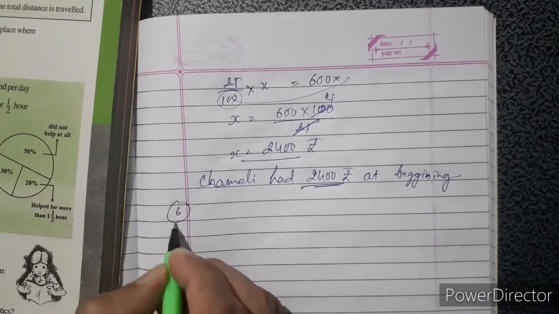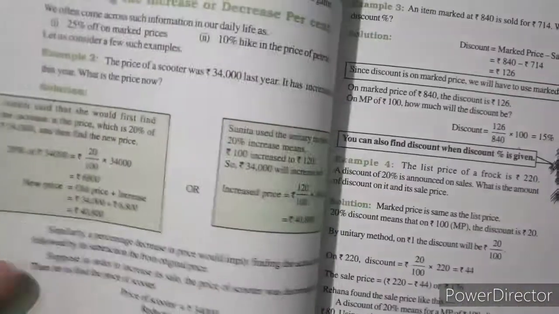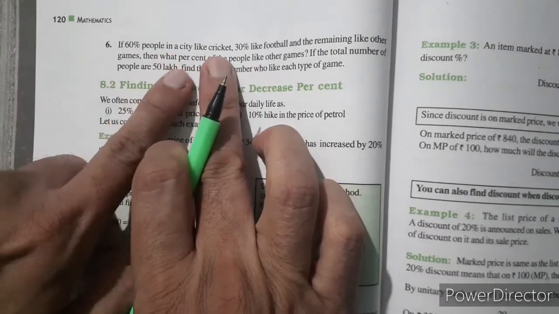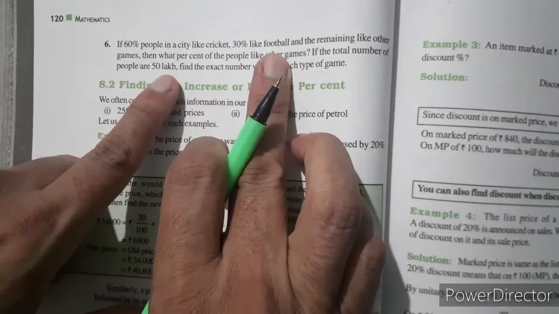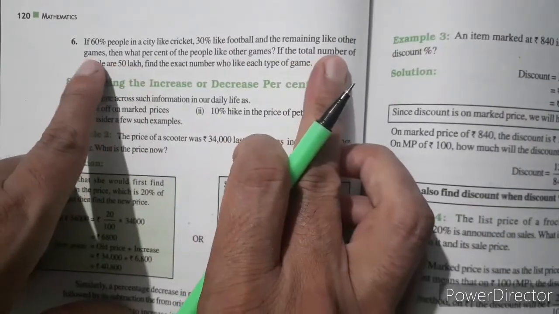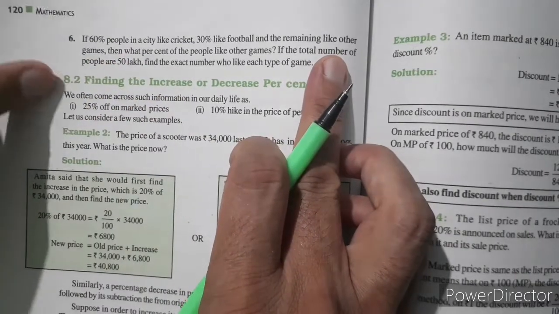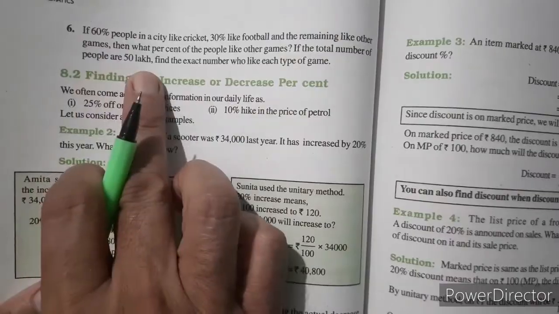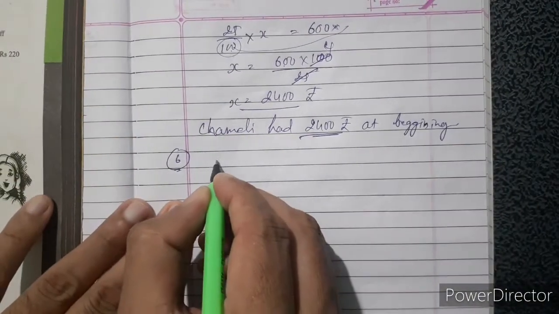Now next one, number 6. If 60% of people in a city like cricket, 30% like football, and the remaining like other games, and the total number of people is 50 lakhs. First we write down the games they like.